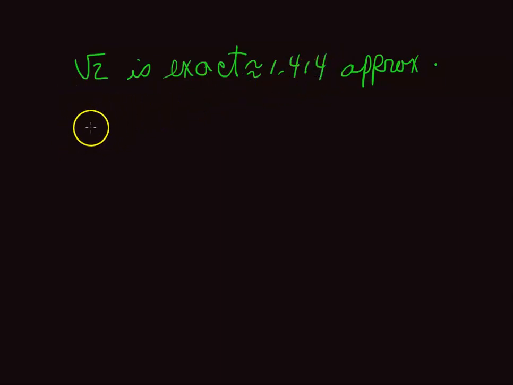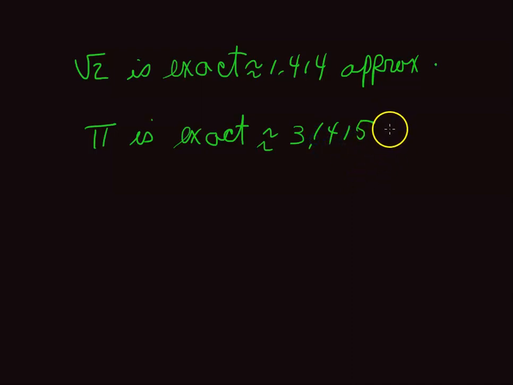Pi is exact. So if you want exact and it comes out to be pi, use pi. Or the approximation 3.1415. Well, the next digit would be a 9, and then this thing goes on and doesn't repeat or terminate. So you know there's no way to write it exactly as a decimal.